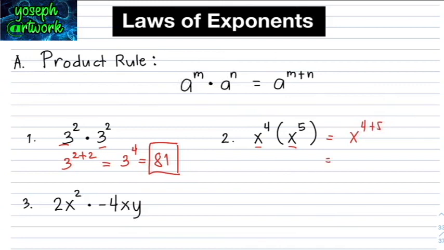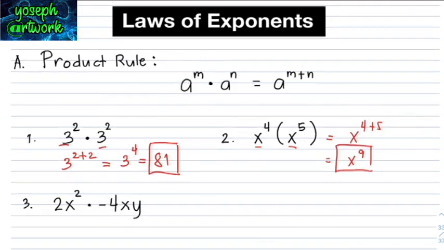And simplifying it, it will give you the answer of x raised to 9. Ganun lang kadali i-apply ang product rule. I hope na sa first 2 examples pa lang natin, alam niyo na kung paano gamitin ang product rule.